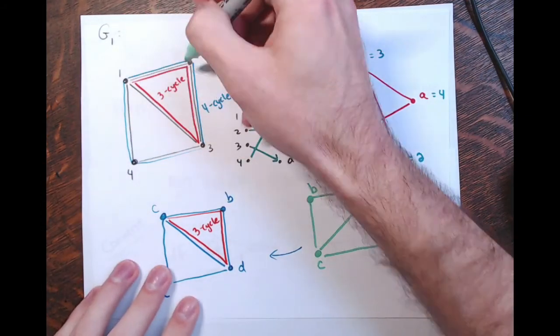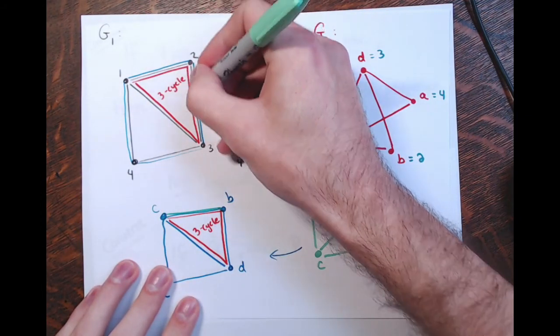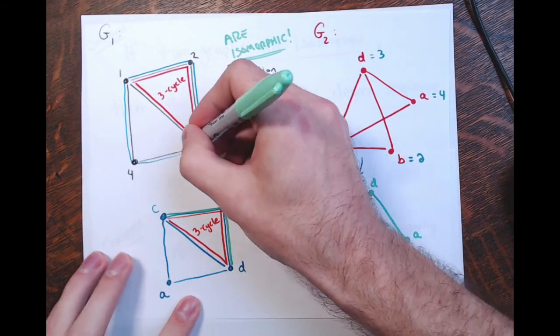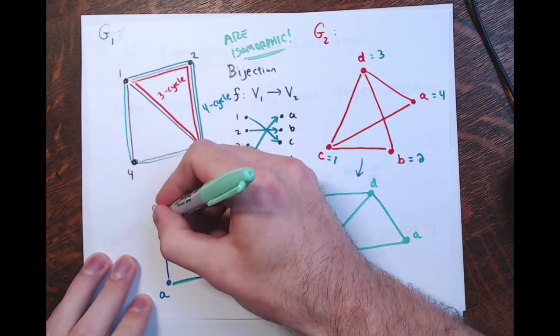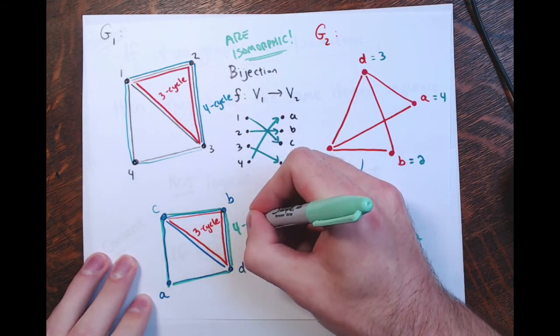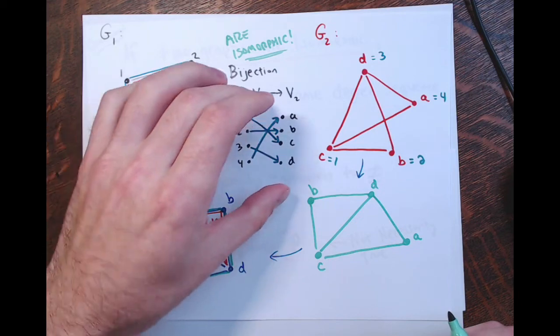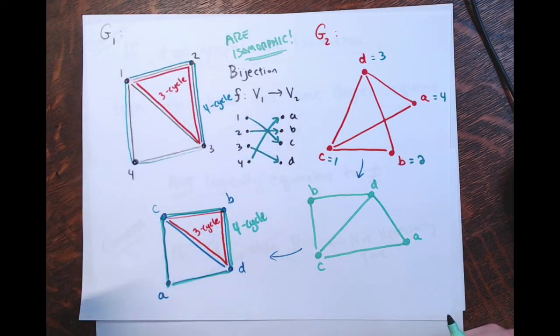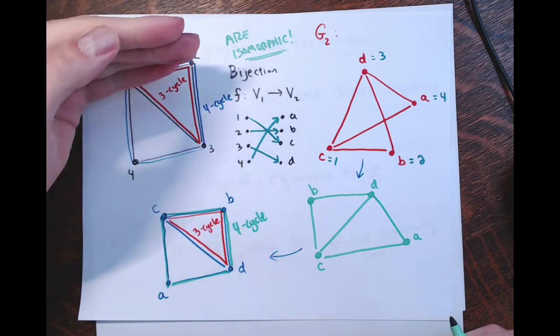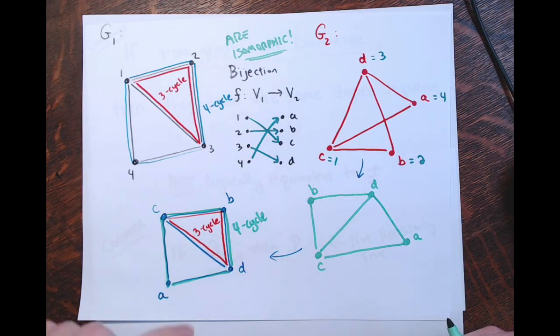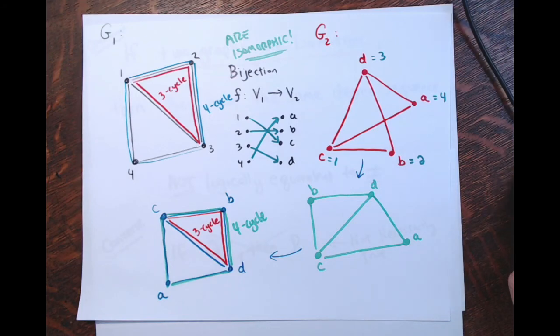This edge corresponds to this edge, this edge to this edge, this edge to this edge, forming another 4 cycle. So if you look at how the corresponding edges match up in one of these isomorphisms, if they form a cycle in one graph, they're going to form the same kind of cycle in the other graph. So cycles are also preserved under isomorphism.